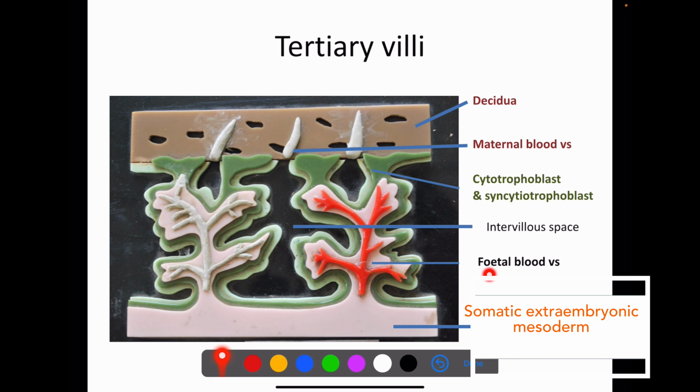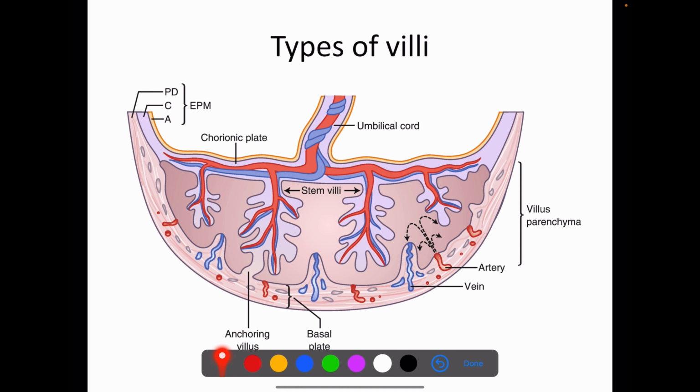Presence of fetal blood vessels within the villi forms tertiary villi. Now understand here, inside there are blood vessels, surrounded by mesoderm, then cytotrophoblast, syncytiotrophoblast, and then there is intervillous space. This intervillous space will contain maternal blood, right?